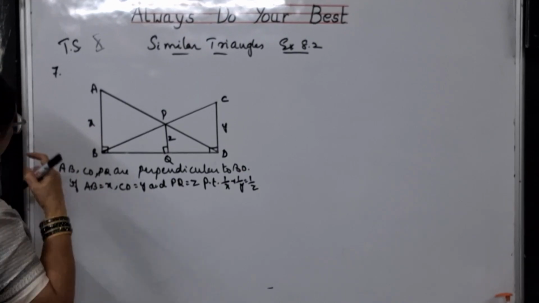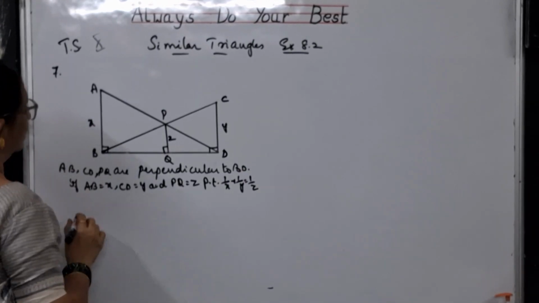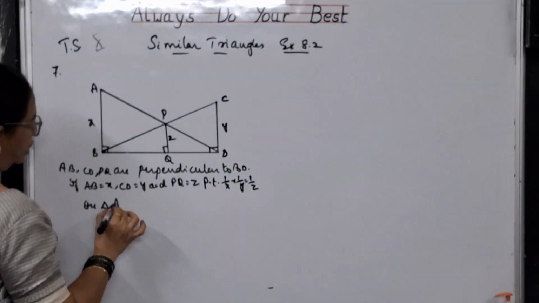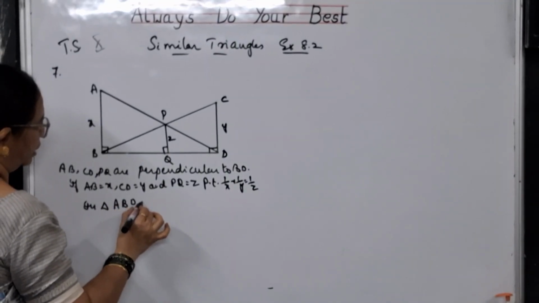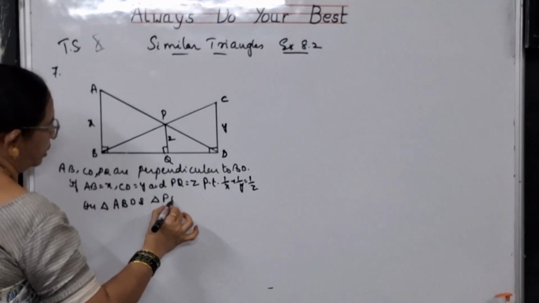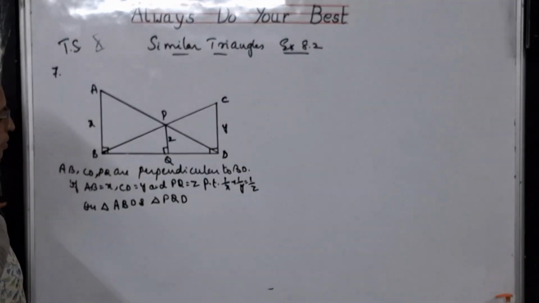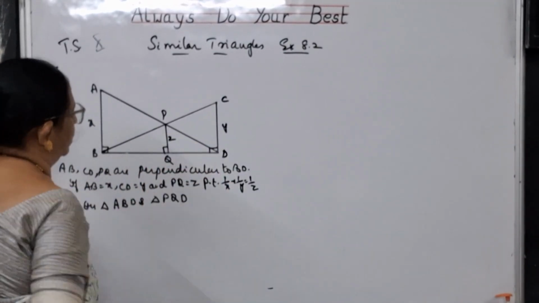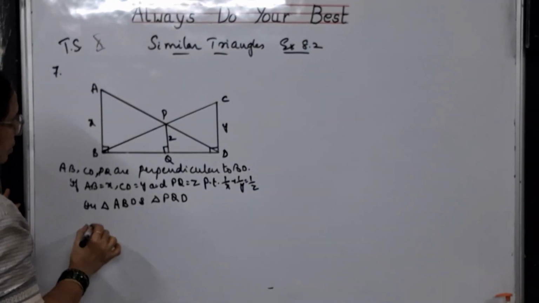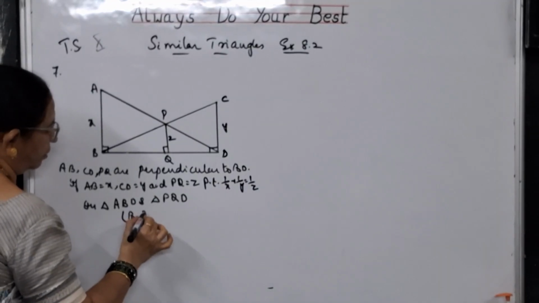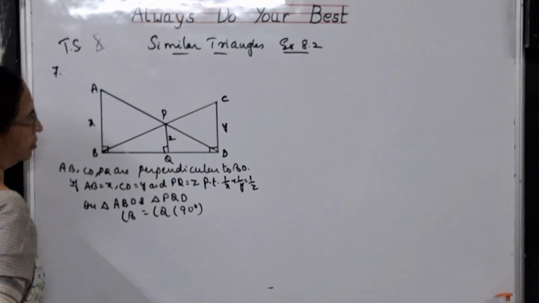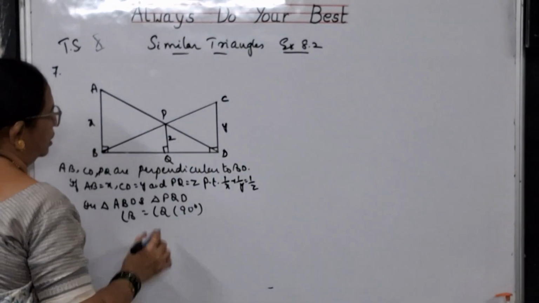So let us see this. We will take first triangle ABD and triangle PQD. In this, angle B is equal to angle Q, 90 degrees, perpendicular they have already given.